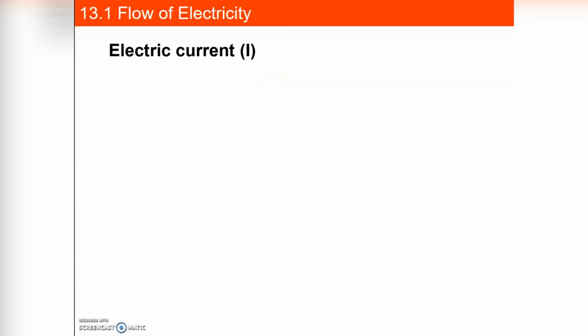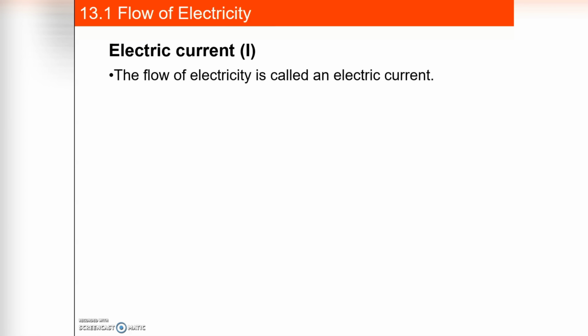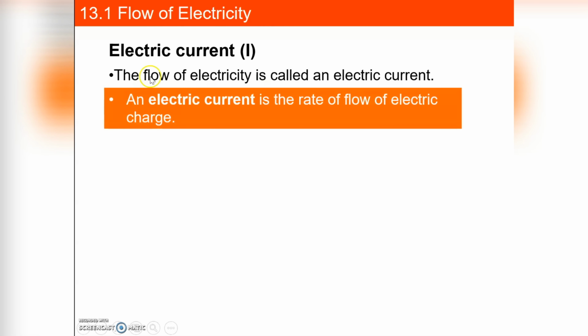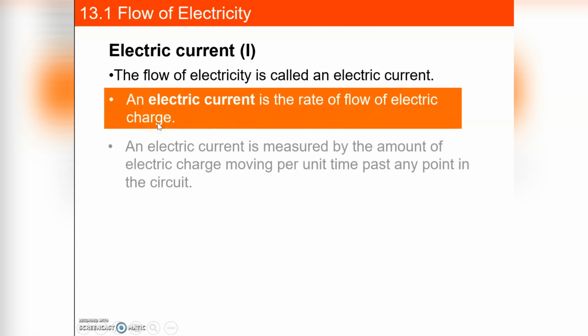Right, let's look at what electric current is. Electric current is the flow of electricity, and it is defined as the rate of flow of electric charge. So an electric current is measured by the amount of electric charge that is moving per unit time past any point in the circuit.